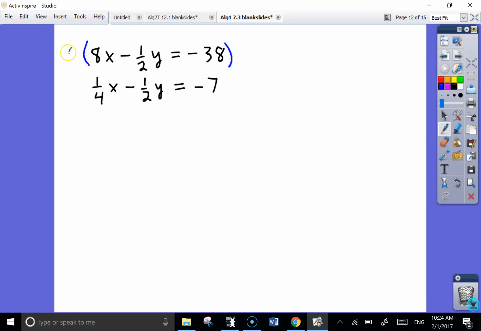So if I multiply every term by 2, right, that's a distributive, I should cancel the denominator of 2. That'll give me 16x minus y equals negative 76. Right? Remember, multiply everything by that.